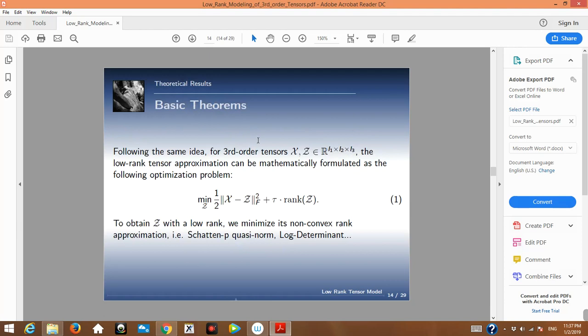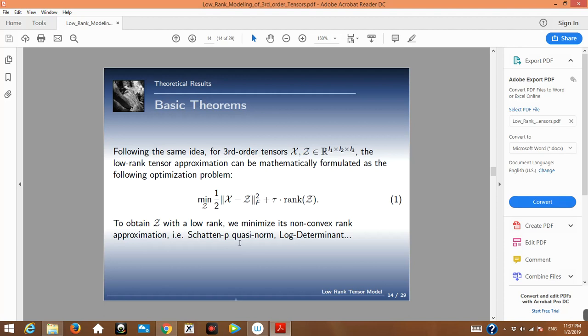So these are our basic theorems. That is, we want to consider the approximation of a tensor X using a low-rank tensor. We want to obtain Z, with a low rank. And as is well known, the rank of Z is NP-hard to compute.